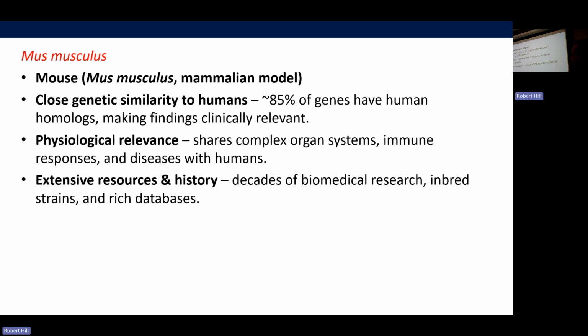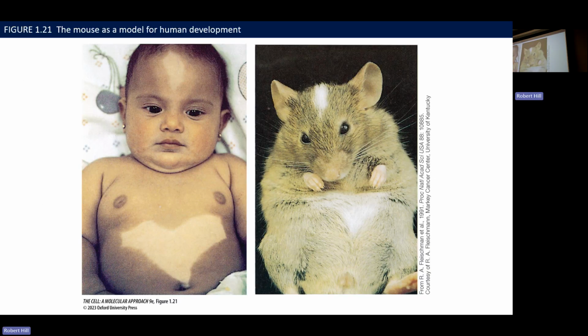There's a lot of genetic information available about the mouse as well. There are different genetic strains available commercially. They're a little more expensive and a little more work to house than your worms and your dishes. And obviously, there are issues with animal rights even when you get to this level of model organism, but there's extensive information available for the mouse.